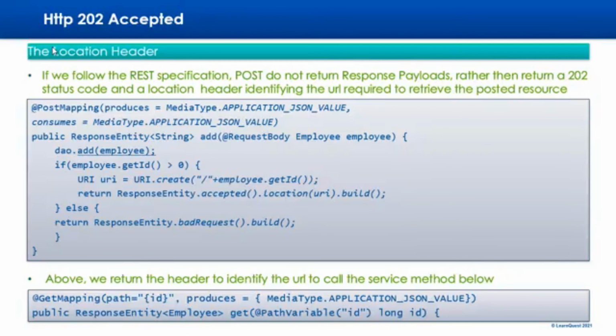In this situation, when I add the employee, it will be given an ID to say it's been successfully perhaps inserted on a database. If we don't get that ID, we're going to return a bad request by building a response.